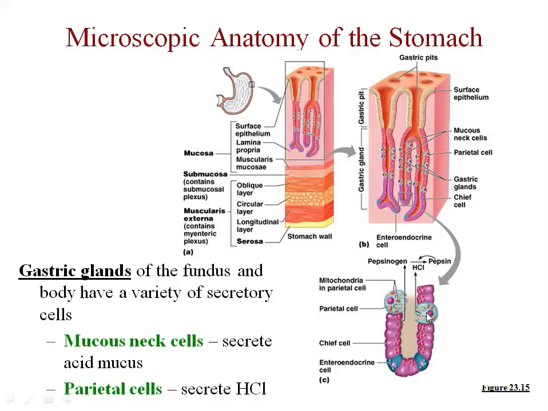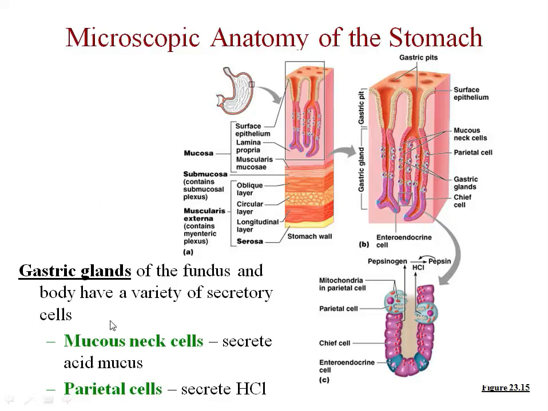Okay, so these parietal cells secrete hydrochloric acid. Chief cells produce pepsinogen or zymogen granules, and these enteroendocrine cells are responsible for production of some hormones responsible for increased digestion. Okay, so in the presence of this HCl, pepsinogen becomes converted into pepsin, and they start digesting the proteins.